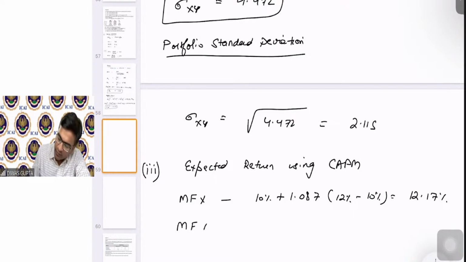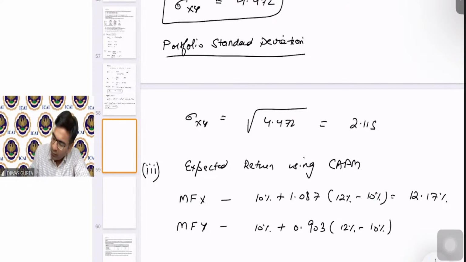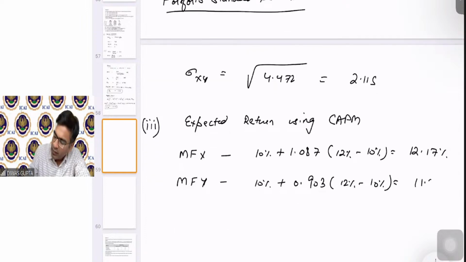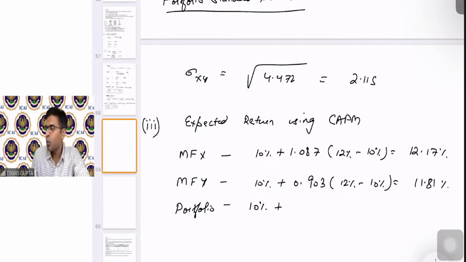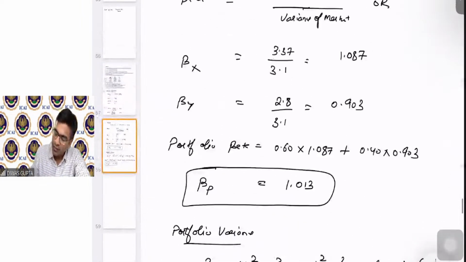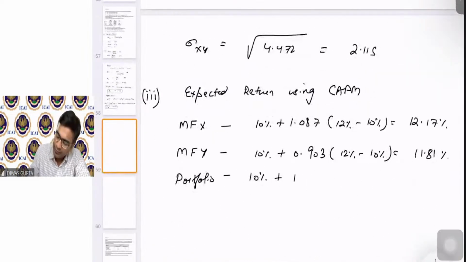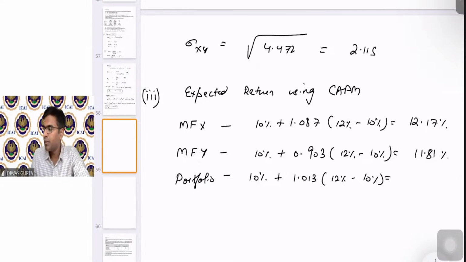Mutual fund Y, 10% plus the beta of Y was 0.903, 11.81 percent. Correct. Similarly, the portfolio will be 10% plus portfolio beta, students. Portfolio beta we have already calculated above, 1.013, times market return minus risk-free rate of return. So this comes as 12.03 percent.